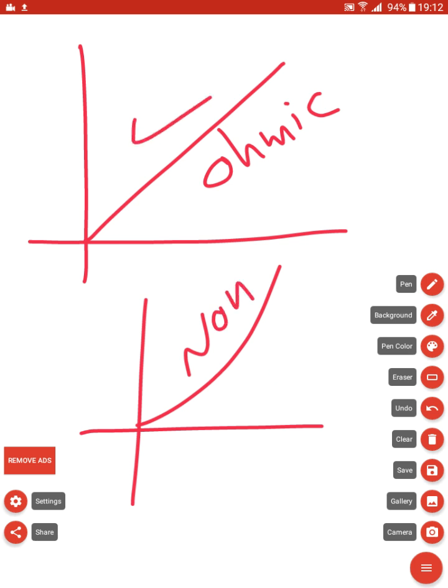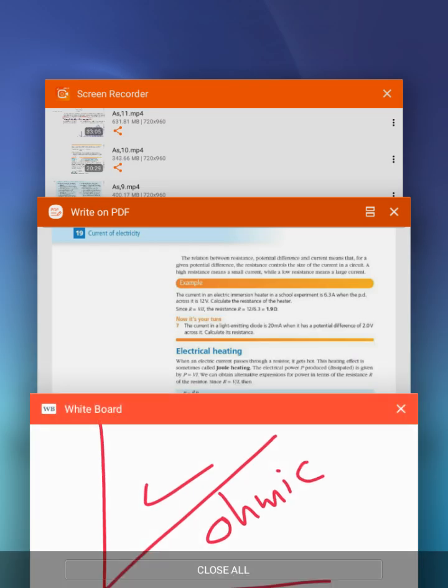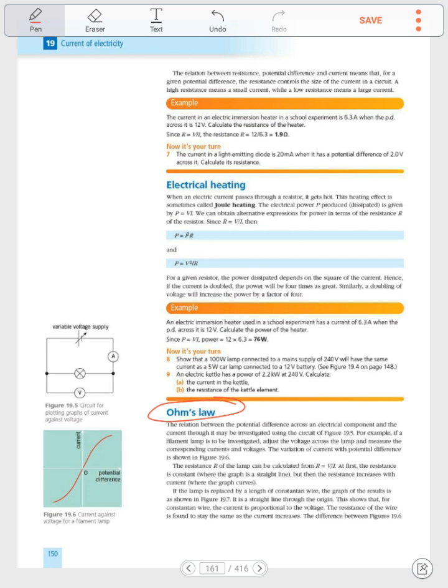Okay, so this is an ohmic resistor, this is a non-ohmic resistor. Examples of non-ohmic resistors are the filament lamp, the diode, thermistor, and light-dependent resistors. All of these are non-ohmic resistors because the value is not the same.